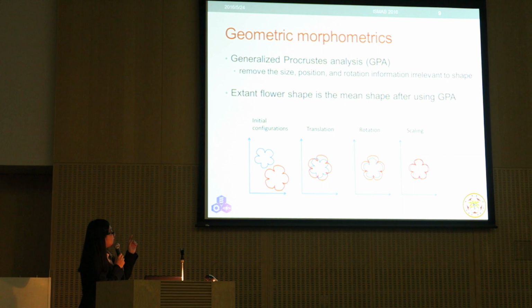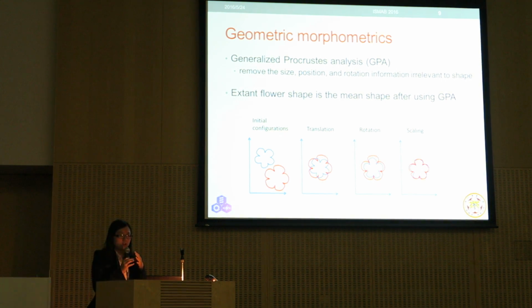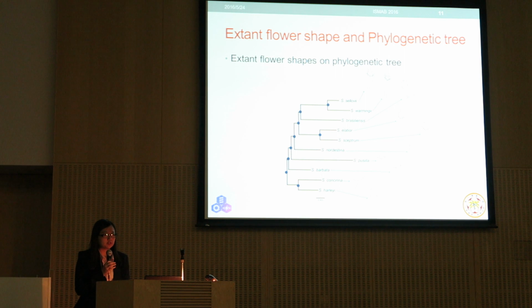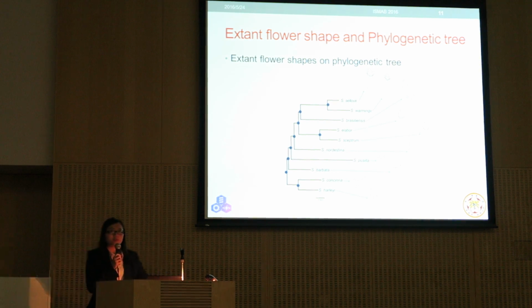And then rotation and scaling, so as to remove irrelevant information. The extant flower shape of each species is the mean shape of 3 specimens after GPA. So we put the extant flower shape on the phylogenetic tree.